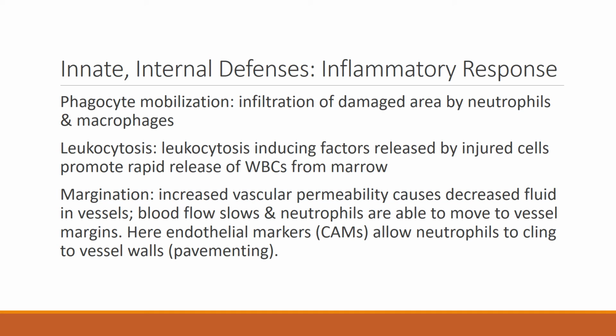Then one other process that we have is leukocytosis, which is an elevation in the total white blood cell count due to the increase in neutrophils. And this is for rapid release of those white blood cells that have come from bone marrow.